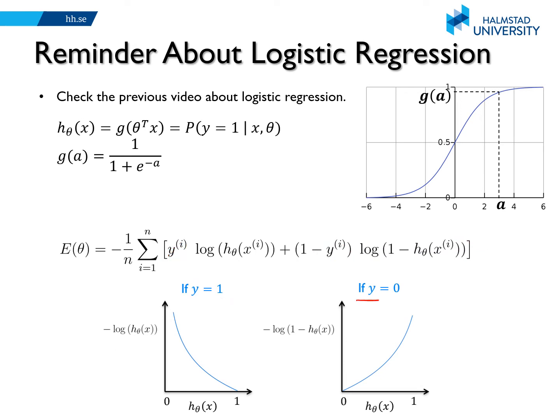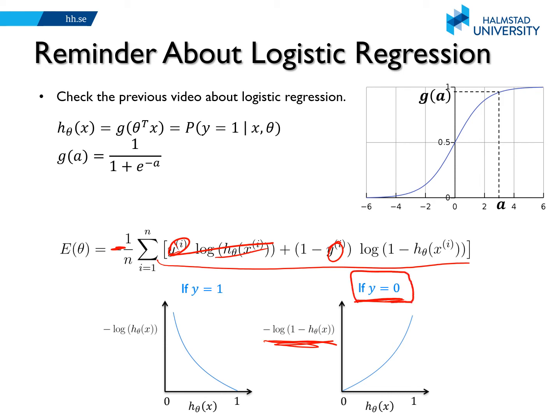And the other case, if y is equal to 0, in this case we have 0 here, so we don't have this term. And so the cost for just one training example becomes this. And in this case, the true output is 0.